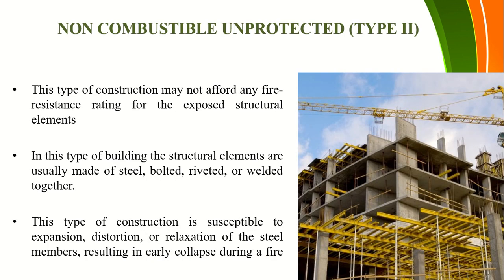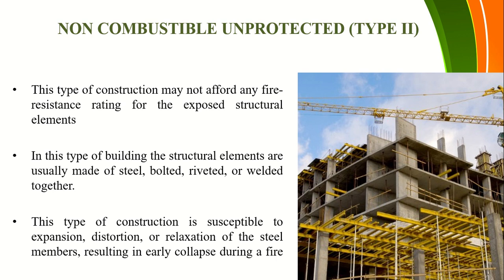Next comes type 2, which is non-combustible unprotected. What is non-combustible unprotected? The same requirements which apply to the first type will also apply to this type, but with only one difference. This type of construction may not afford any fire resistance. If any fire protection of the structural element is provided, it is at a lesser rating when compared to type 1.